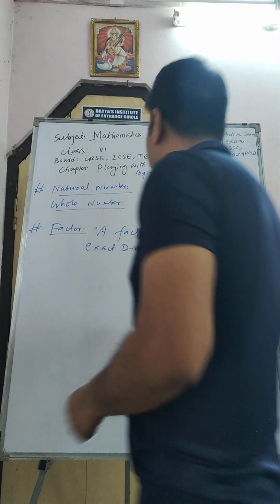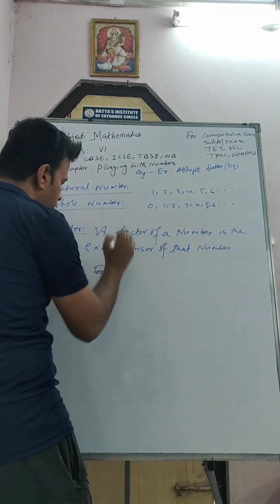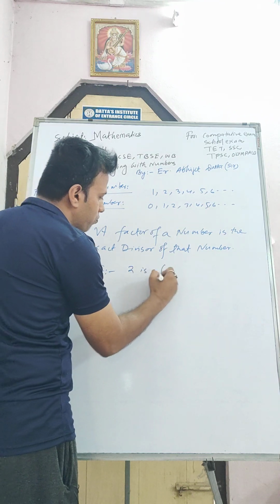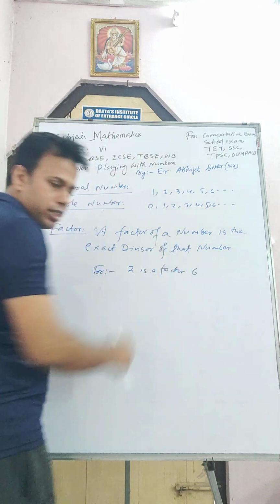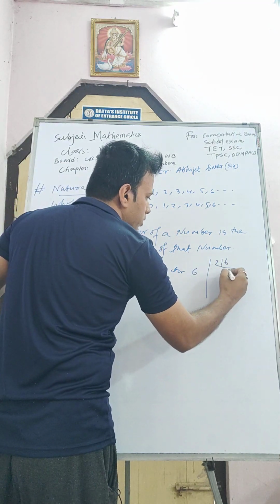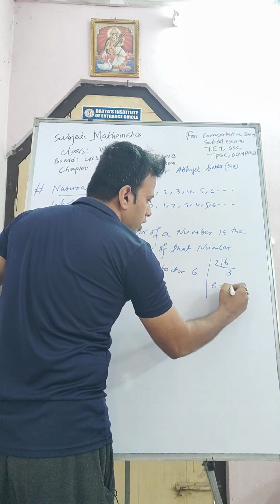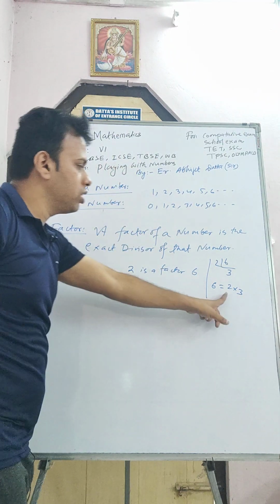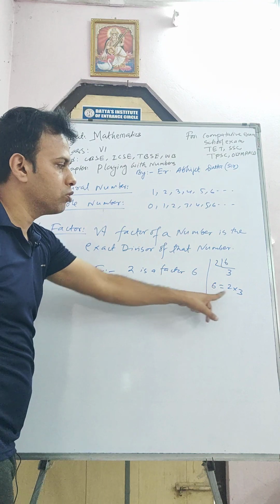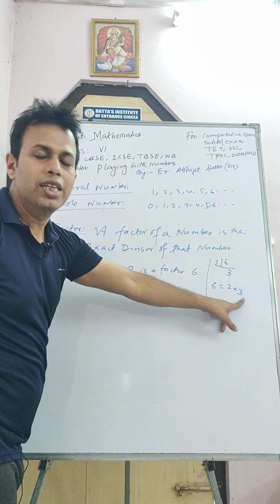For example, 2 is a factor of 6. 6 divided by 2 is 3, so we can write 6 as 2 into 3. So 2 is a factor of 6, because if I divide 6 by 2, we get the answer 3.